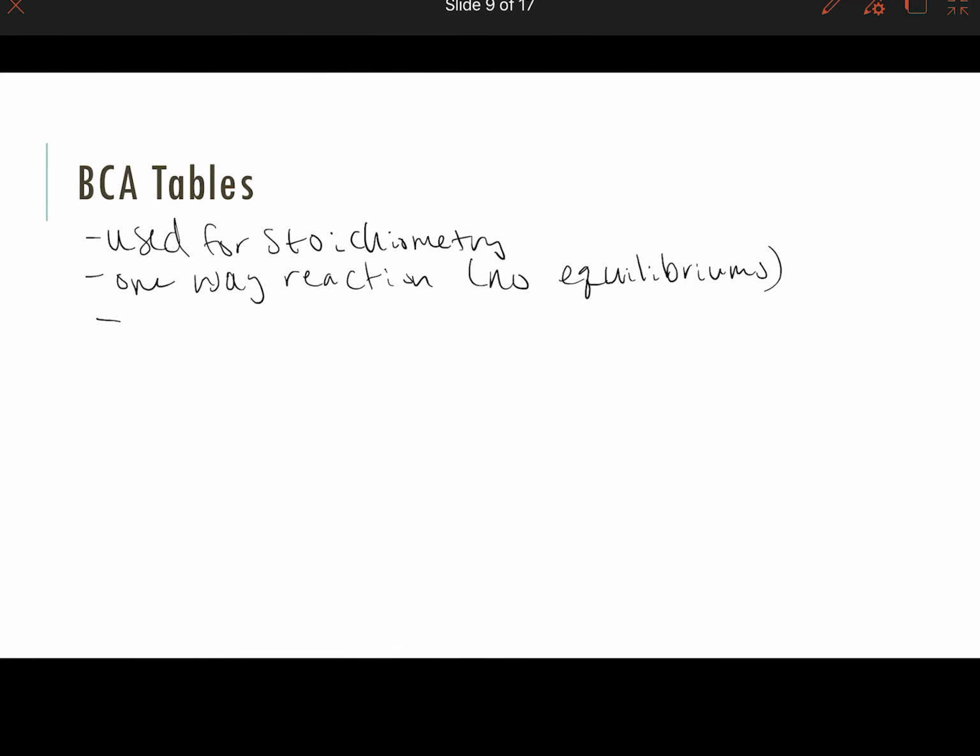And then this uses moles, not molarity. And then BCA stands for before, change, and after.